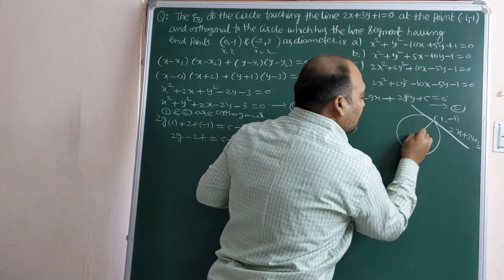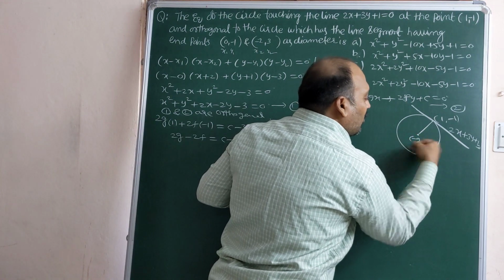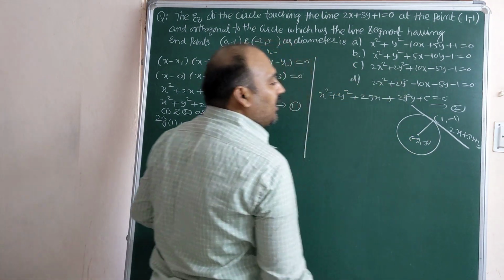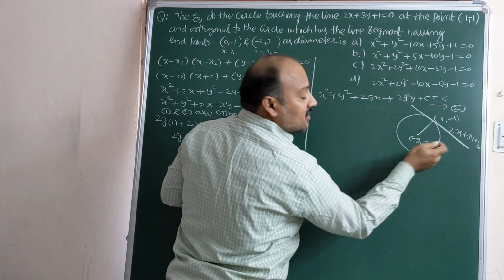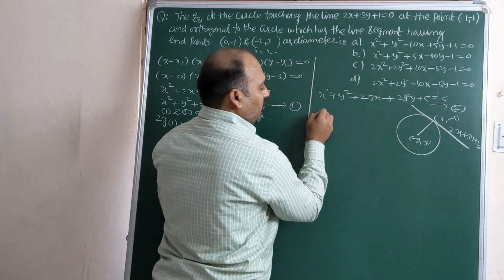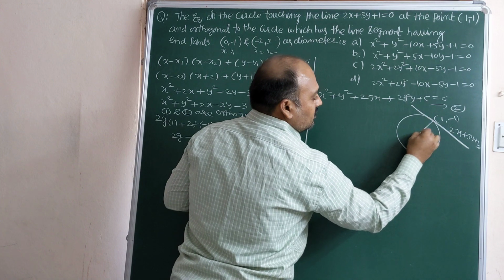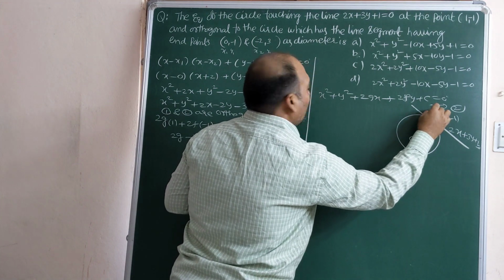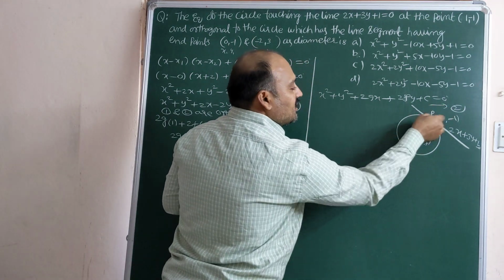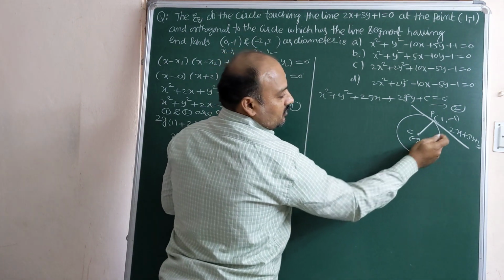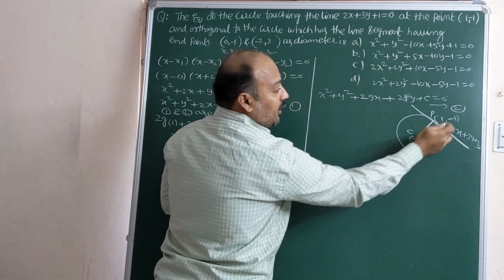Circle center is what? Minus g, minus f only, no? Radius is equal to d, you can take it. Otherwise this line slope is slope of these two points. This is some point P, you take it now. CP slope, y2 minus y1.